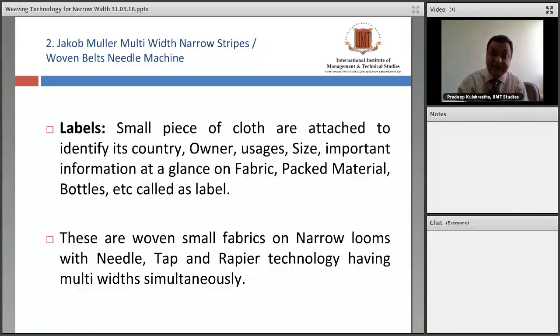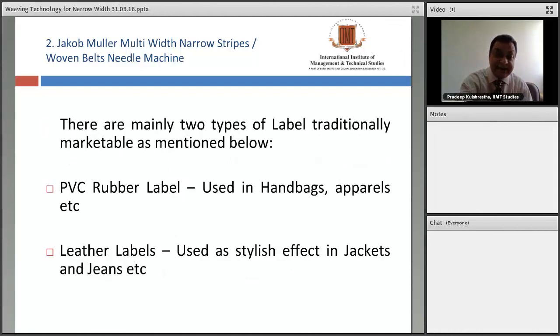We can say a small piece of cloth is attached to identify the country, owner, uses, size, and important information at a glance on the fabric, packed material, bottles, etc. It is called a label. These are small woven fabrics on a narrow loom with needle tape and repair technology, having multi-width simultaneously. We can make many labels at a time.